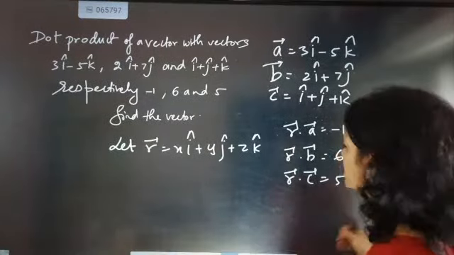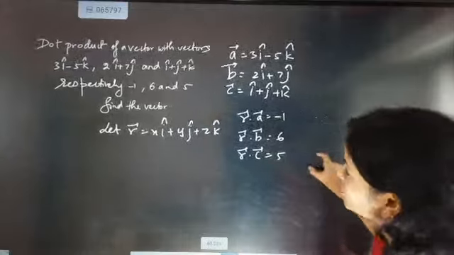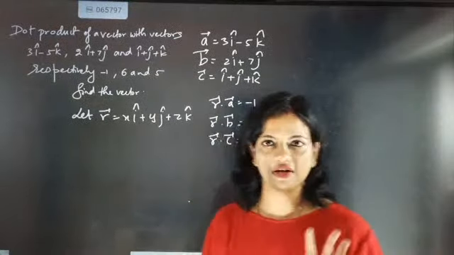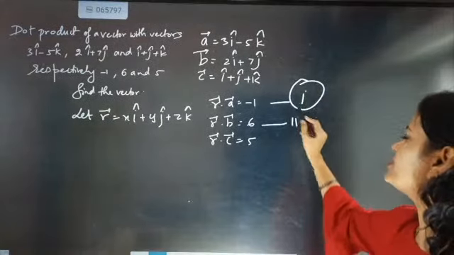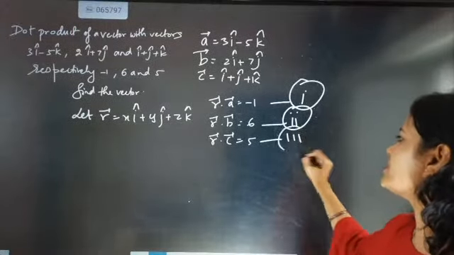Now you have to identify the R vector. Take this as equation 1, this as equation 2, and this as equation 3.